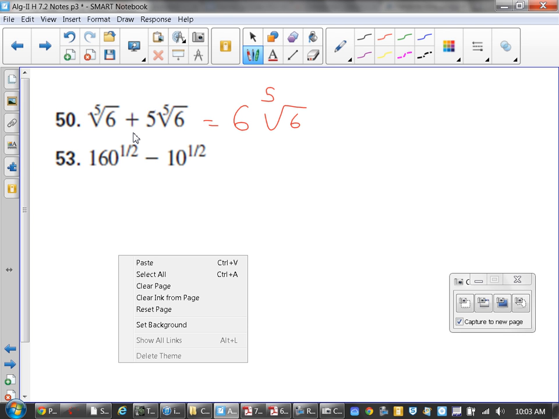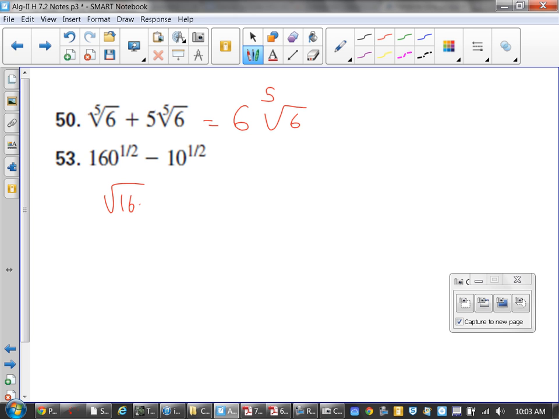I have 160 to the half minus 10 to the half. Now, if you rewrite this, that's the square root of 160 minus the square root of 10. I can't do that, can I? No, sir. I gotta get them within the same base, right? Yeah. So, is there a perfect square hiding in the 160? Can't be 16. So, how would you simplify the square root of 160?